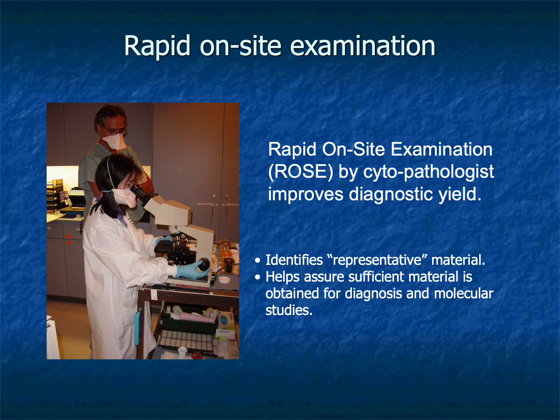Rapid on-site examination, also called ROSE, has become one of the most valuable adjuncts to conventional TBNA. Immediate evaluation by an experienced cytopathologist or cytotechnologist confirms whether representative material has been obtained while the patient is still undergoing bronchoscopy. This reduces unnecessary needle passes, shortens the procedure, and increases diagnostic confidence.